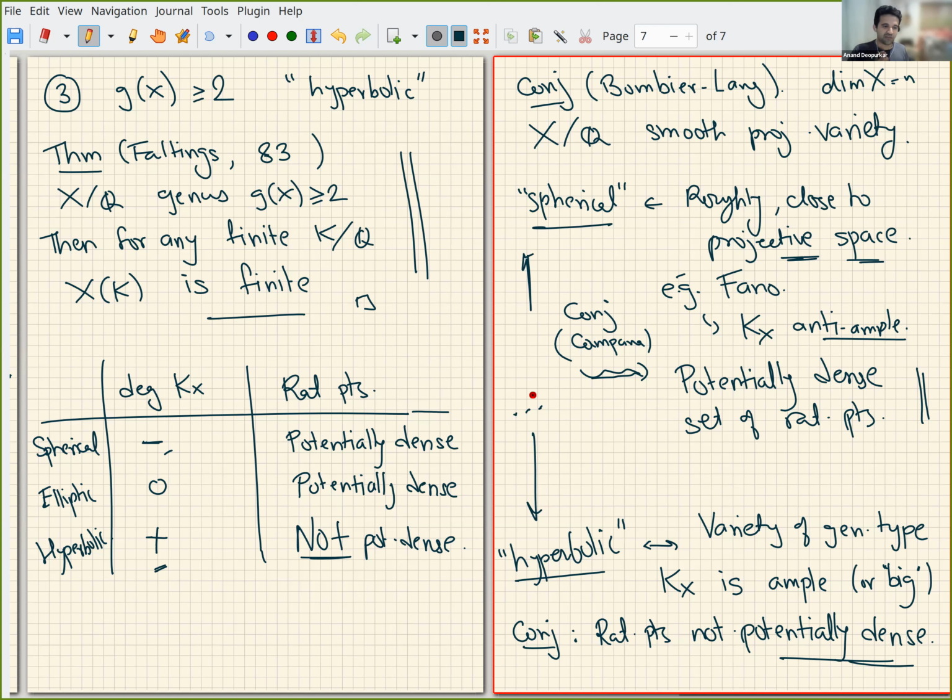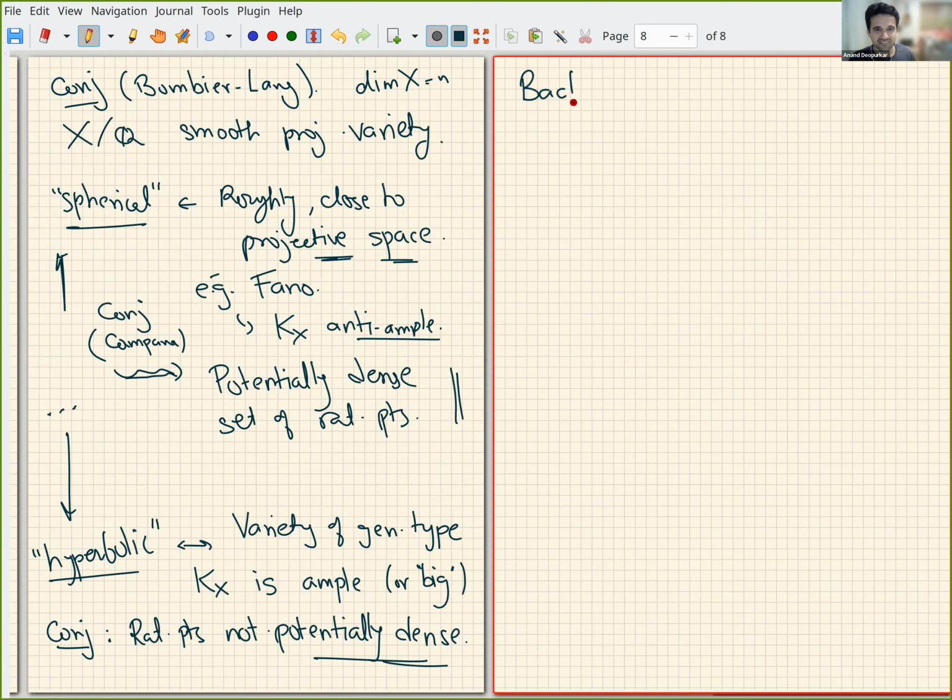Okay, what does this have to do with Fermat-like equations? So let's go back to actual math, which was solving this equation. Okay, so this is a variety, right? Let's call this the solution set of this in A3.